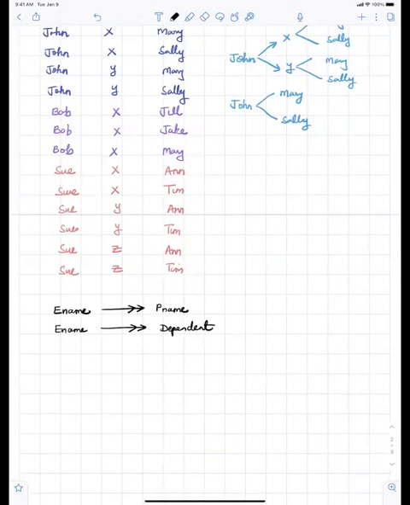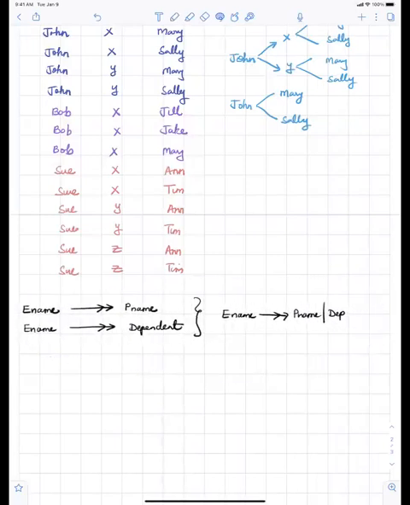Or in short, you could combine the two and write it down as ename multi-value determines pname and dependent. So it's multi-value determining both.